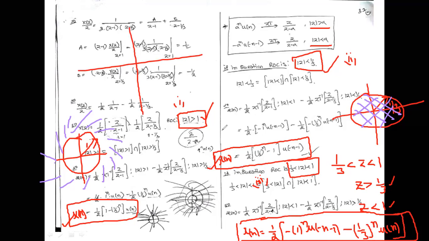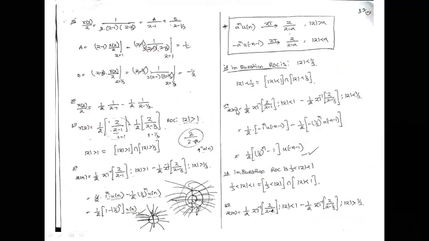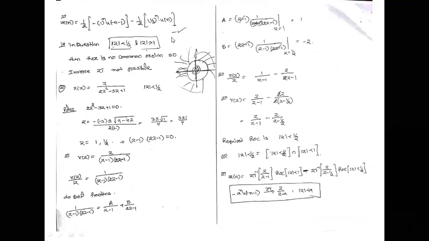Greater than 1 by 3. So 1 by 3 is compared to the value here. Take the radius and these two. So I will explain what they are. You see here in the question, z is less than 1 by 3 and z is greater than 1.